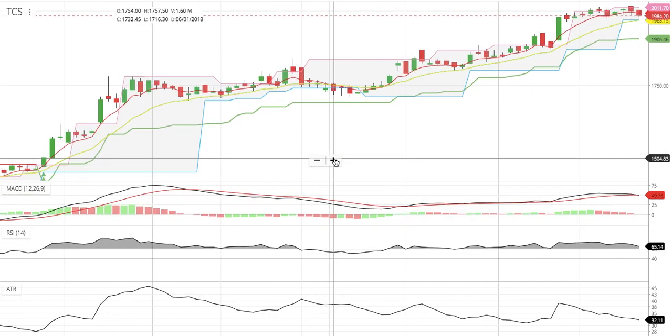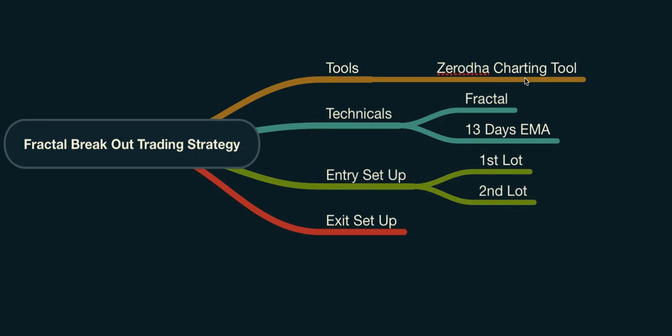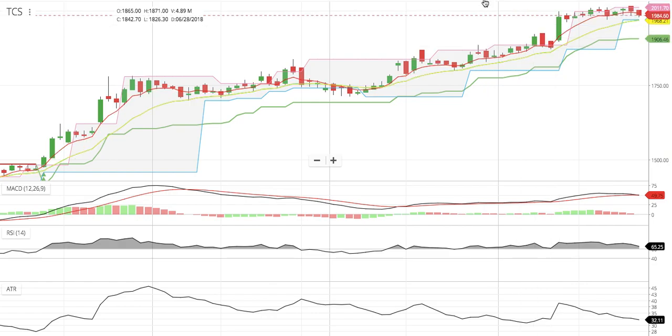So the things that we need for this are, first, the Zerodha charting tool or any other charting tool, and you only need technicals. I have added much more in the chart that I am showing, but you need only the fractal and the 13-day EMA. So how do you add the fractal?